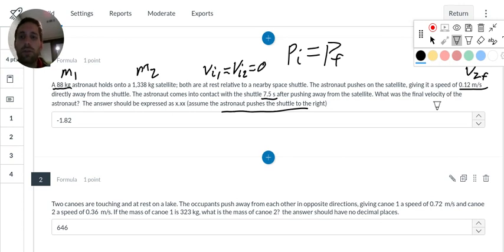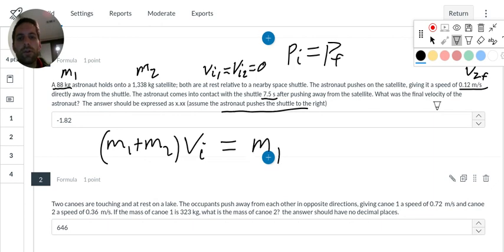So the first part, he's together, so M1 plus M2 V initial equals M1 V1 final plus M2 V2 final. Now I'll plug everything in.